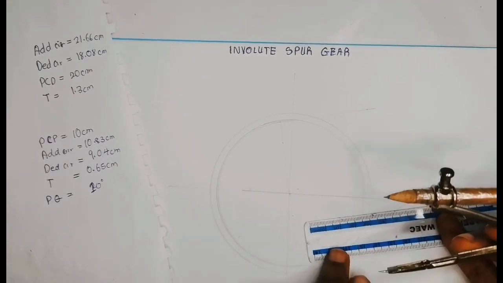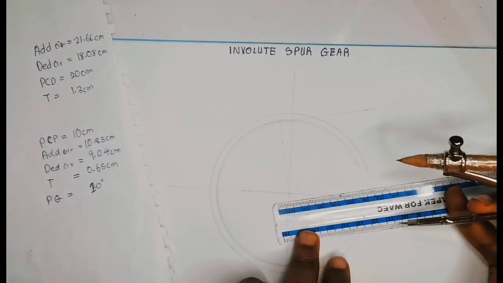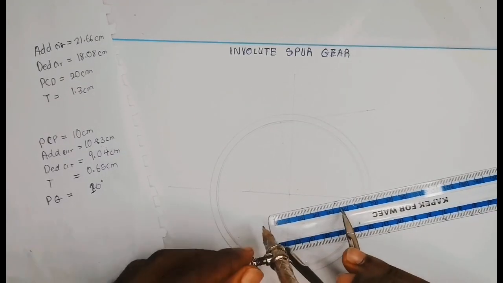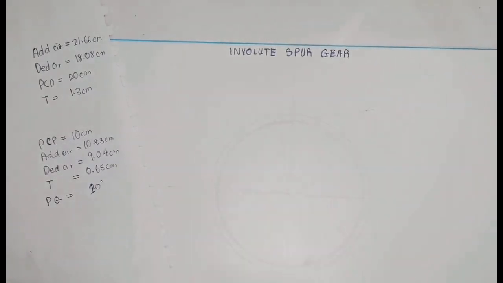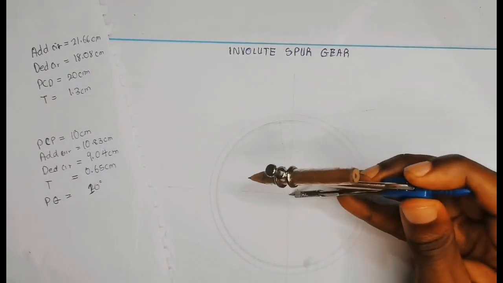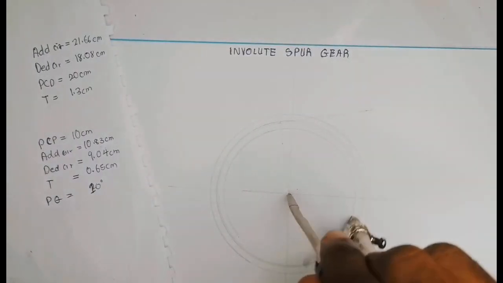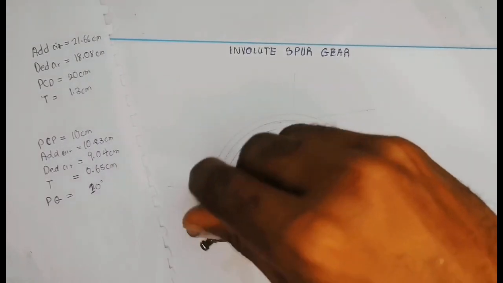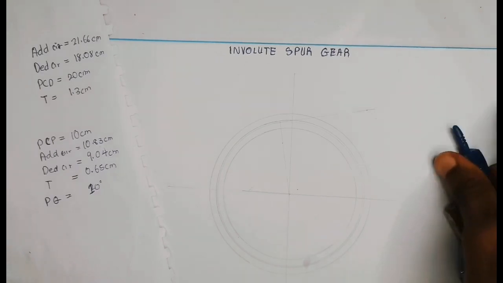We measure 4.5 on our meter rule. Place it at the 0 point and draw. This is our smallest circle in the drawing.